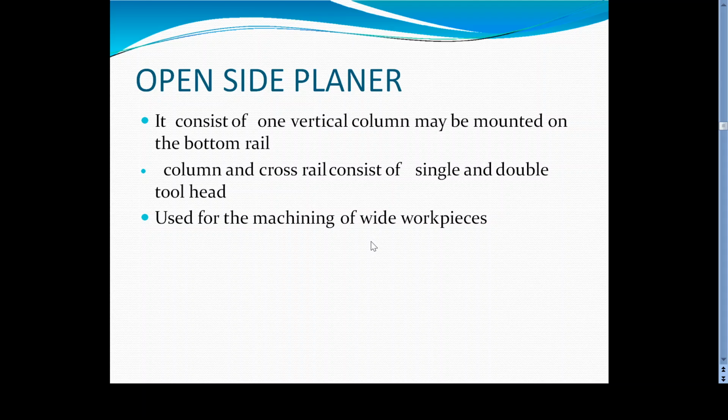It is used for the machining of wide workpieces, because if the workpiece width is larger than the space between the two columns, we cannot use a double housing planer. So if on one side there is no column, we can machine workpieces of any width. That means it is free to move in one direction as it is open.